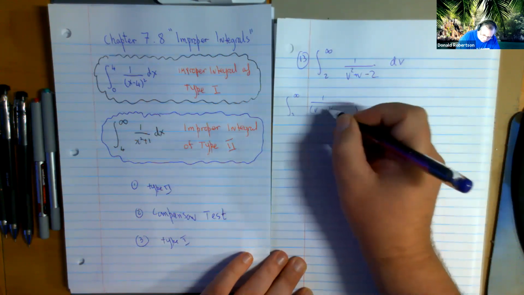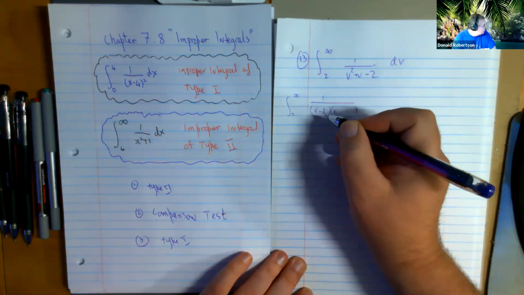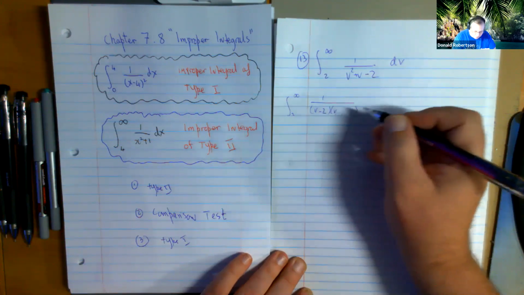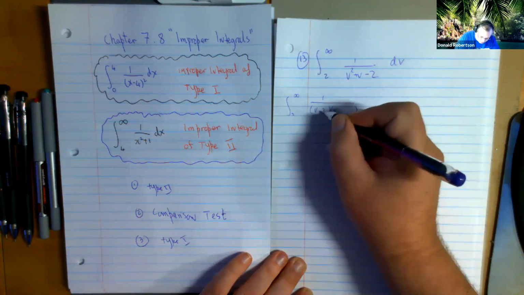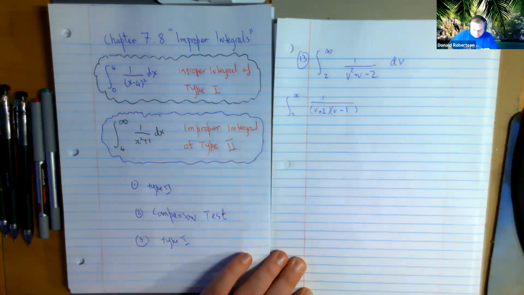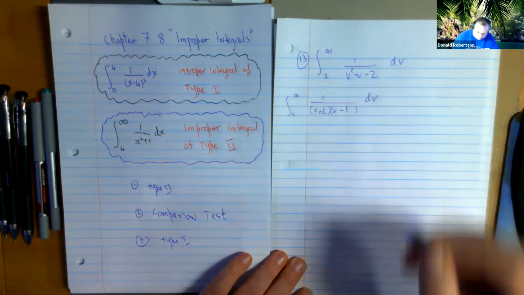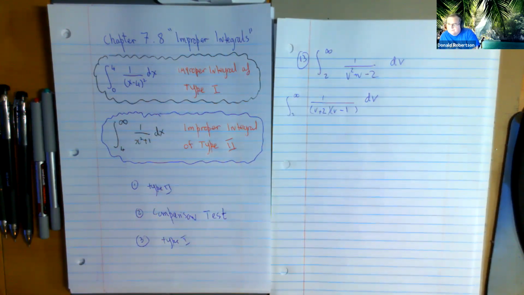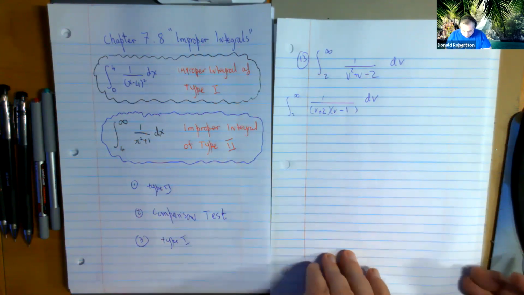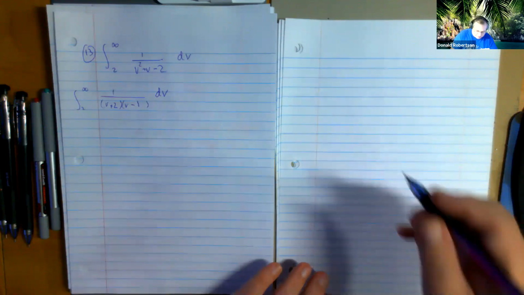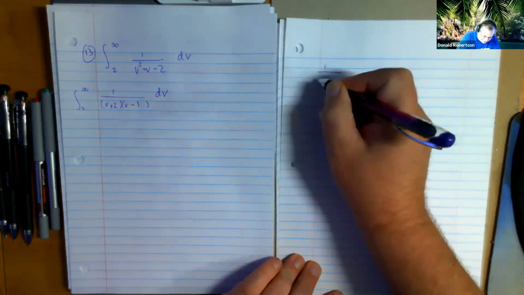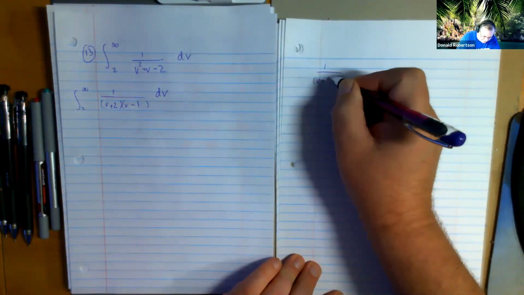And the factors are going to be what? Take away 2, add 2, take away 1. There we go. Looking good? Which means that I'm going to have to do the partial fraction part.